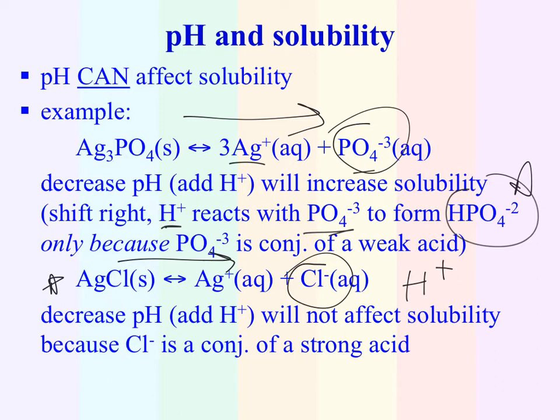This is a weak base because it's the conjugate of a weak acid, so it can behave as a base in solution, while this is the conjugate of a strong acid, which is not going to behave as a base in solution at all. So there's not going to be a shift in this reaction, but there will be a shift in this one here.